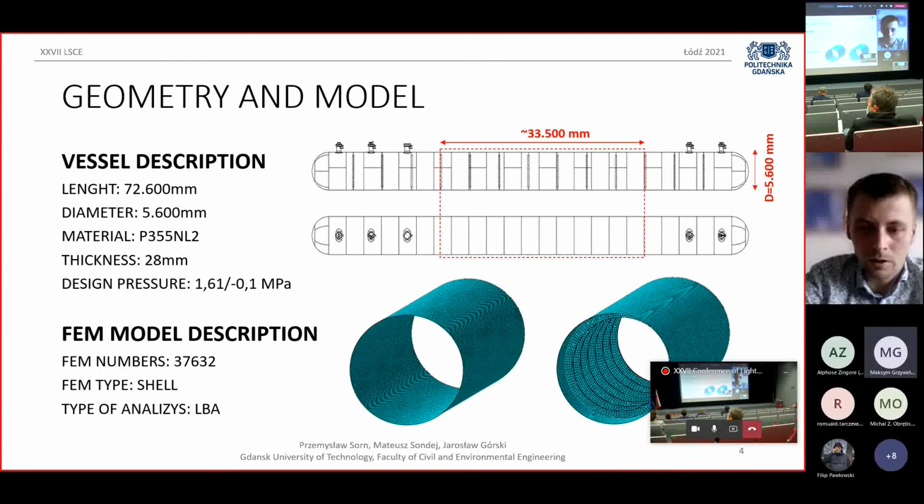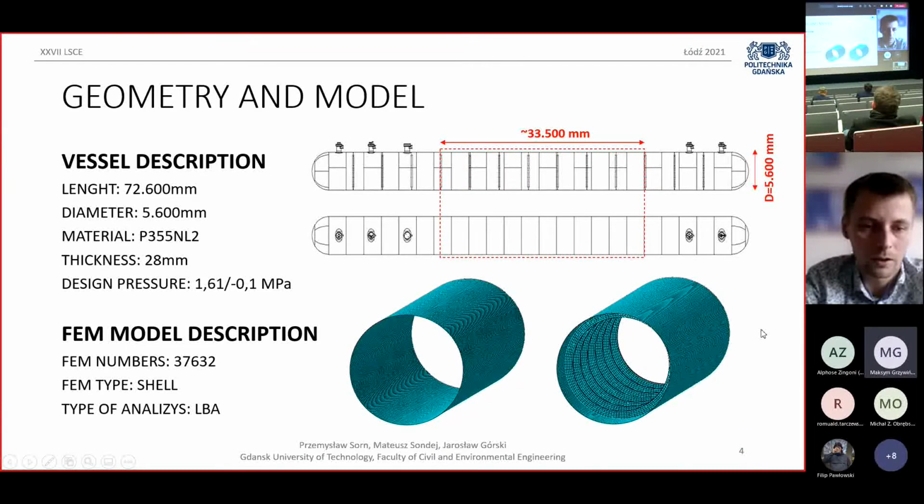At the bottom of the chart, you can see two models that we considered. One is without stiffeners, and the second one has stiffeners included. Also, we analyzed only the part that is around 33.5 meters long and is located between the stiffeners.